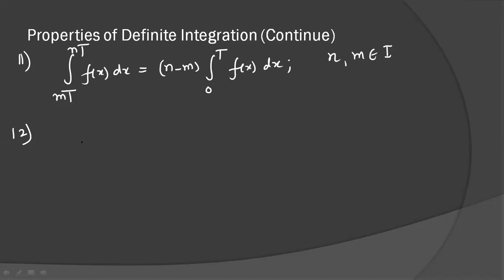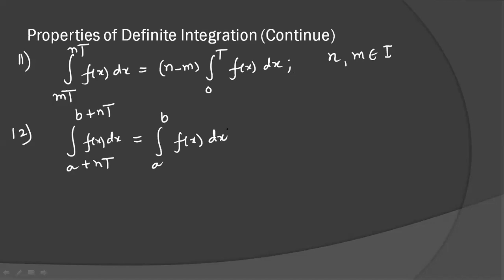Property 12: if you have a + nT in the lower limit and b + nT in the upper limit, nT being the same, then the integral is equal to the integral from a to b of f(x) dx. Remember here, n is an integer and T is the period of the function.